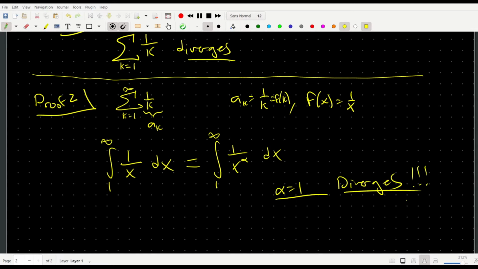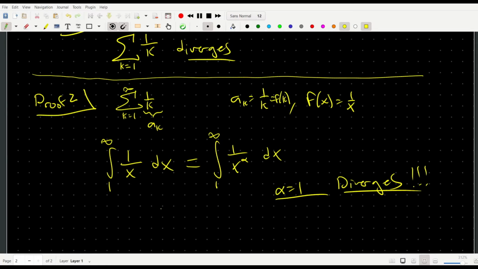And this is easy to show if you go through and do this improper integral. You're going to get the antiderivative is the natural log of x. And when you take the limit of this as b goes to infinity, this is going to end up being positive infinity. So it's going to diverge.